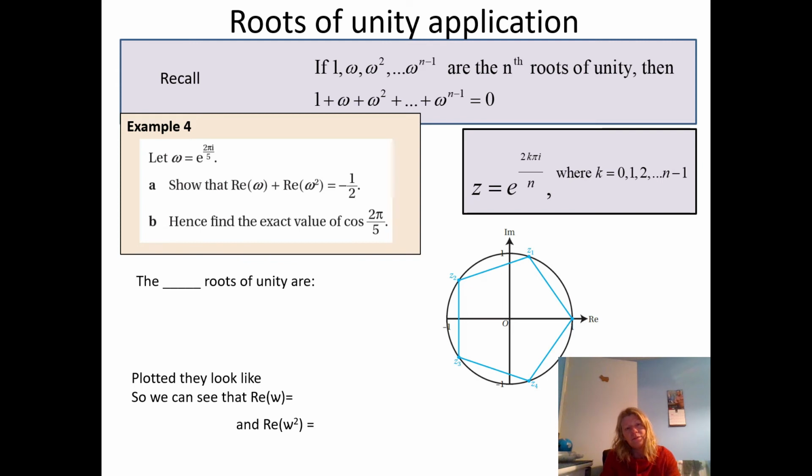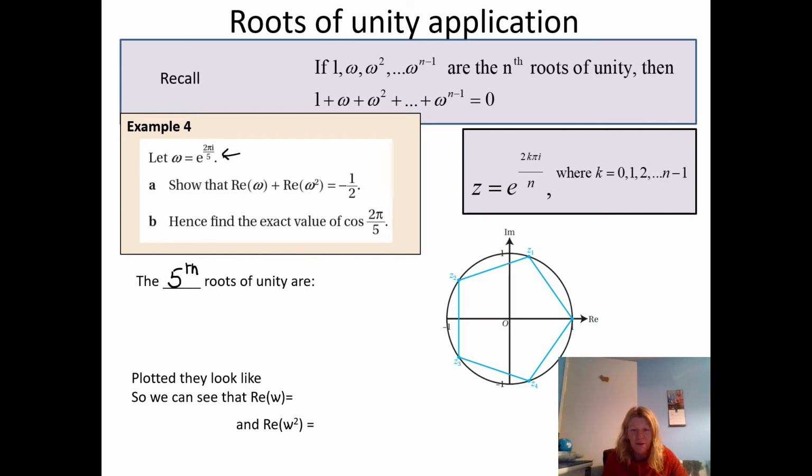And then we've got to show that the real part of omega plus the real part of omega squared equals minus a half, and then go on to show that the exact value of cos 2 pi over 5 is whatever we find it. So basically we're given that over 5 there. So this thing here gives us the clue that we're now looking at the fifth roots of unity.